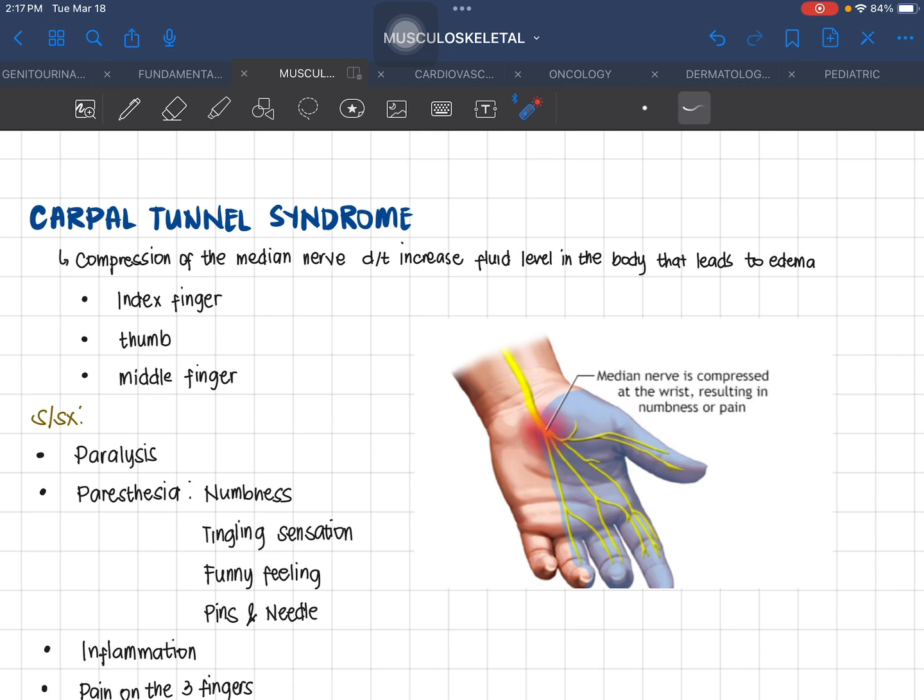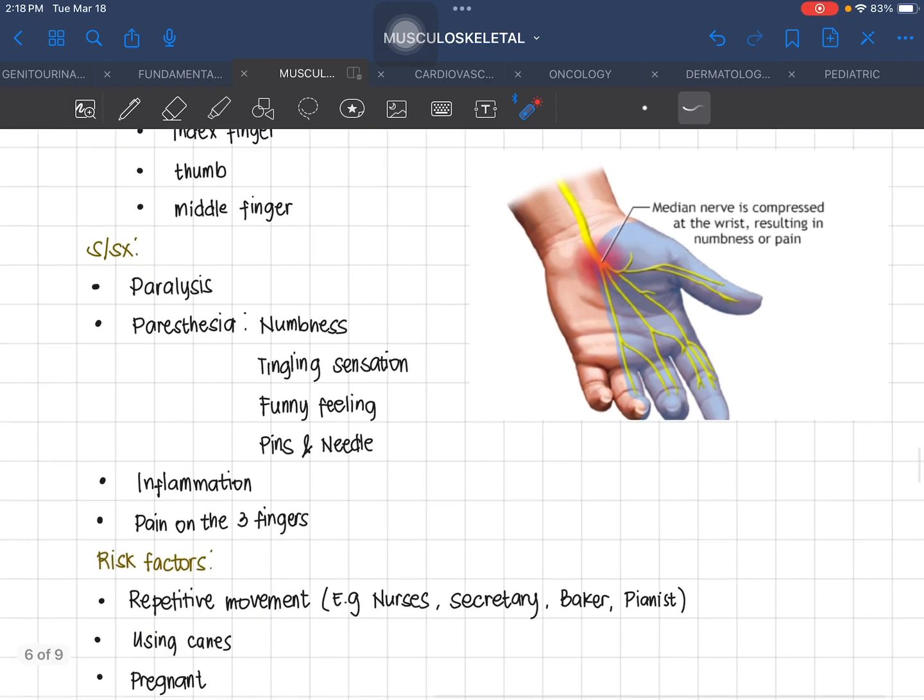So, what are the signs and symptoms? Si patient ay nakaka-experience ng paralysis, paresthesia, yung numbness, funny feeling, tingling sensation, pins and needles, and then also, pain sa 3 fingers, yung nabanggit kong fingers, and lastly, inflammation.